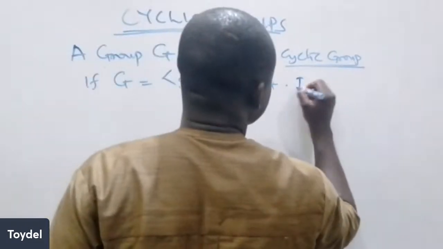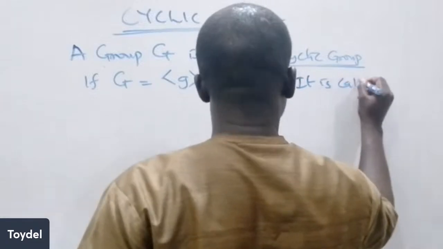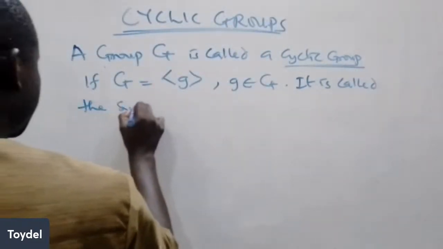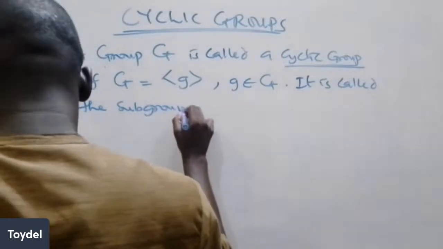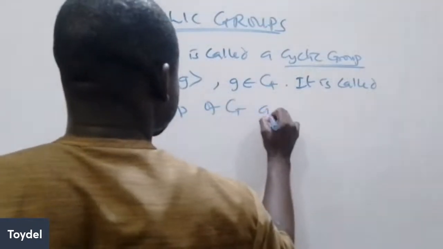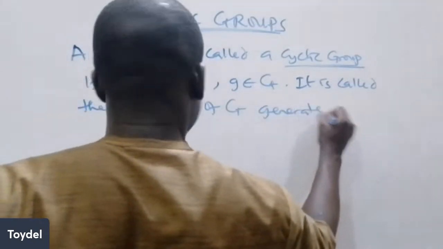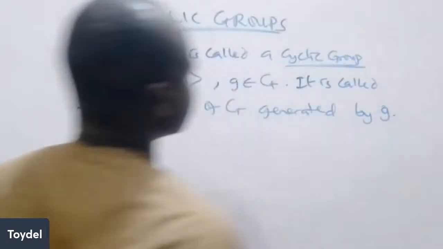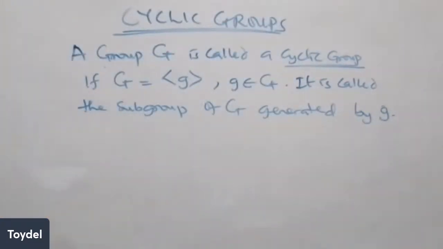This is called the subgroup of G generated by g. So when we have a cyclic group, this is how we define it.